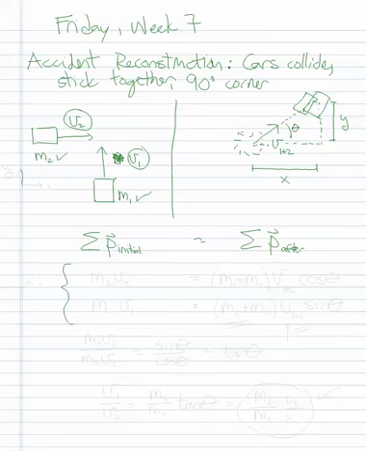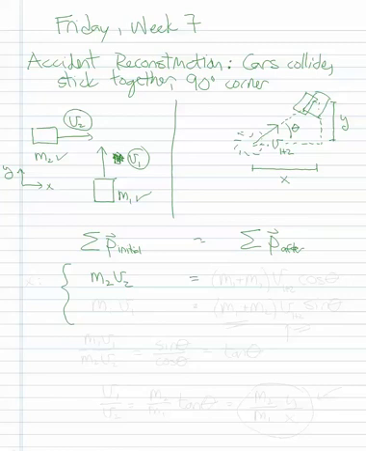So let's choose x and y like this. The x momentum says m2 v2, and that's it. There is no other momentum in the x direction.